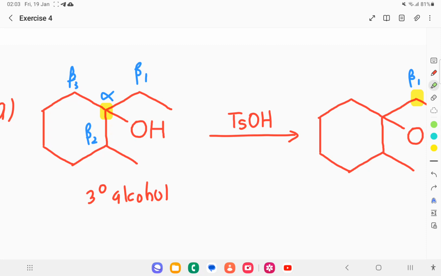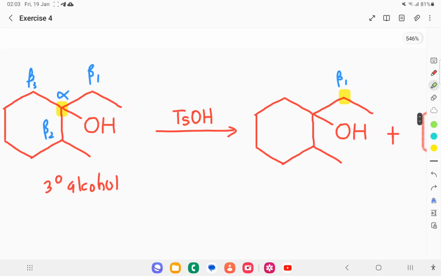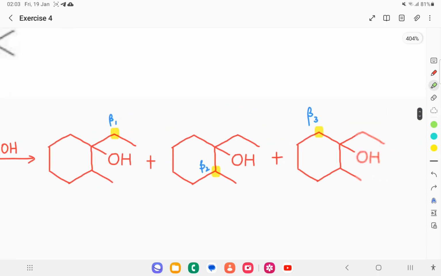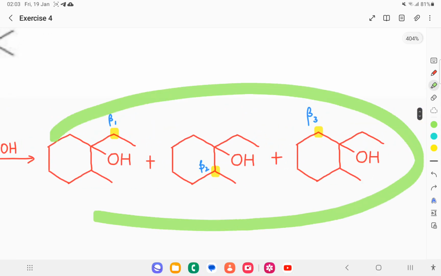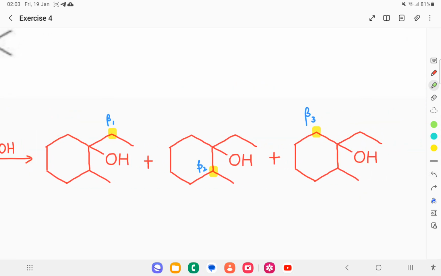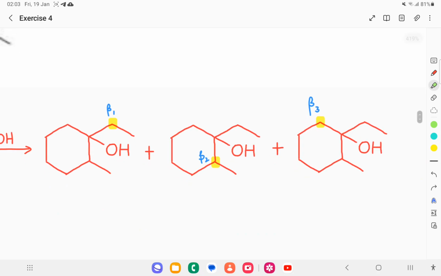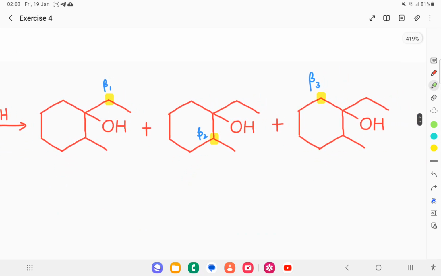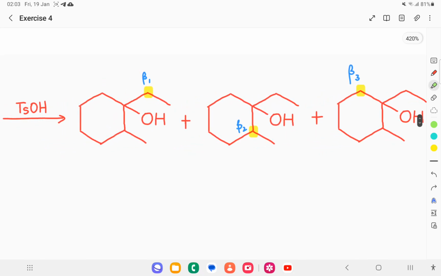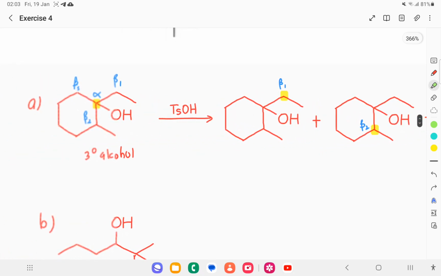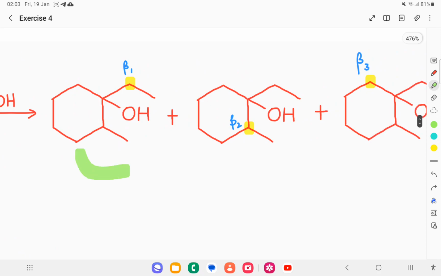If both are the same beta carbon, meaning it only has 1 beta carbon, then it is a primary alcohol. These 3 structures are roughly the drafts I made before I presented this question to you. These are not the final answer yet.